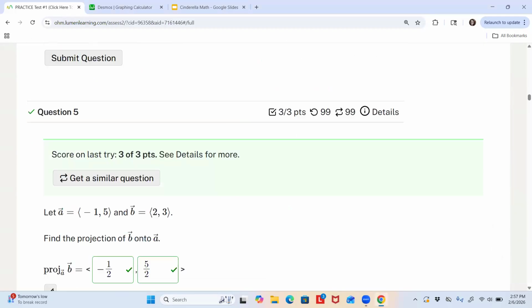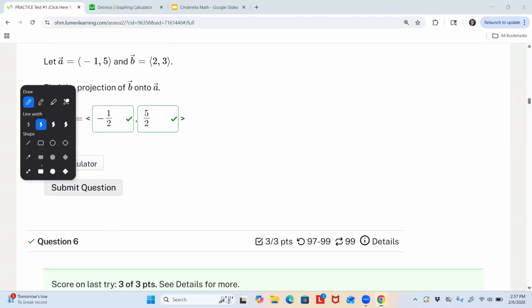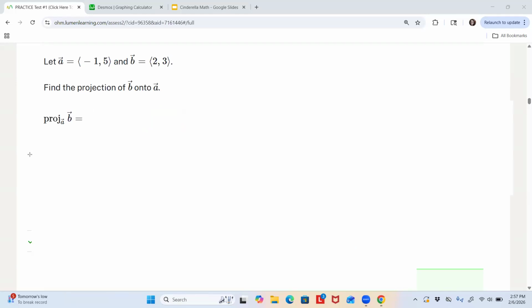Number 5. We have two vectors, an A and a B, and we are finding the projection of B onto A. And that's what it kind of looks like there. And our answer will also be a vector. Okay, here's a formula we need to know. So it's projection, and then the one that's of stays big, and the one that it's onto is like the subscript.